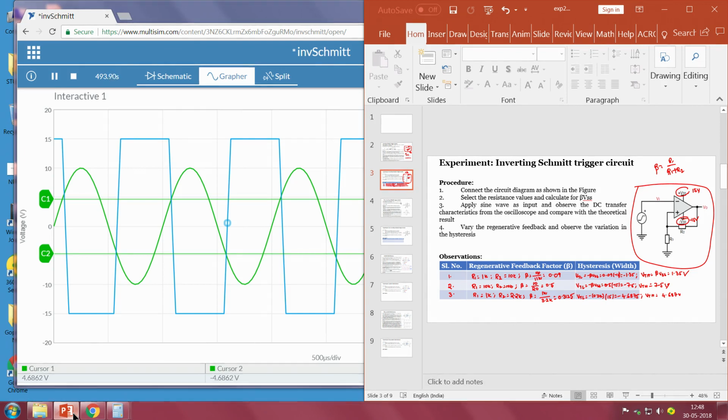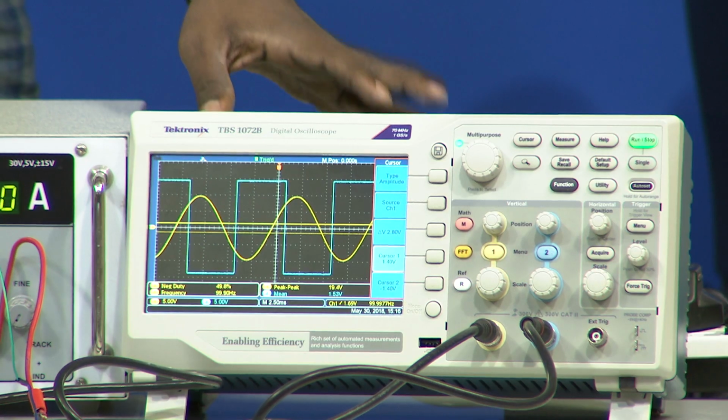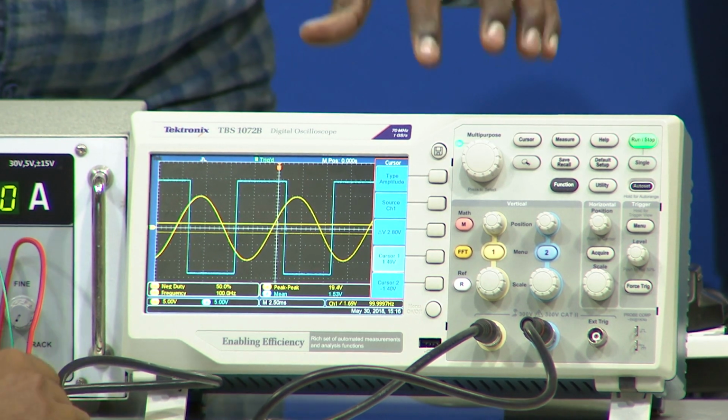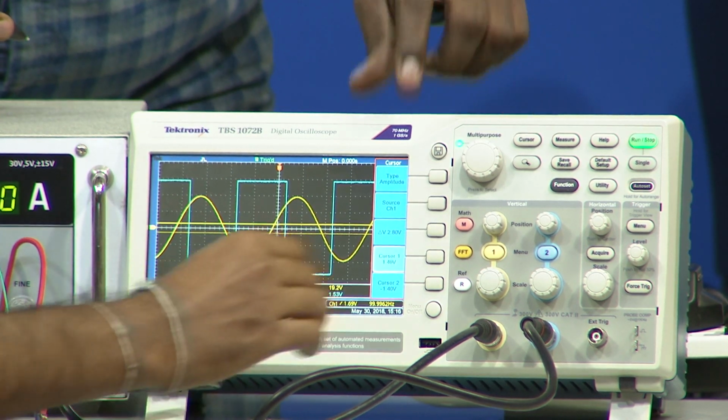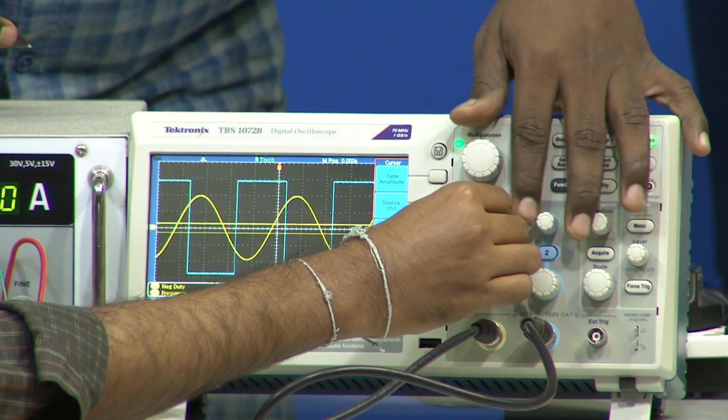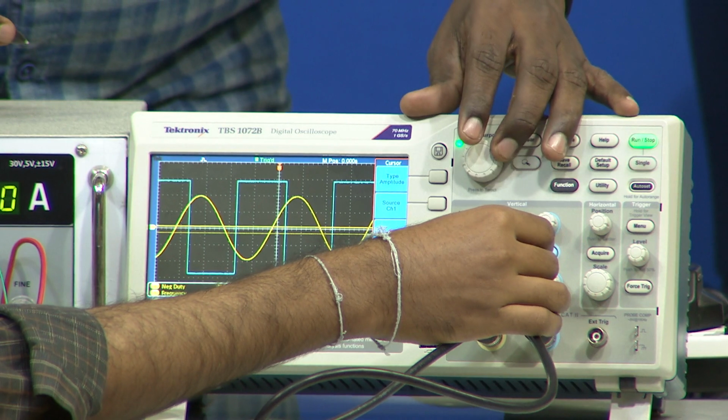Now, we will look into the CRO, how the signal is. When we look into that, we have to change our cursors, because the cursors are placed based upon the previous resistance value.